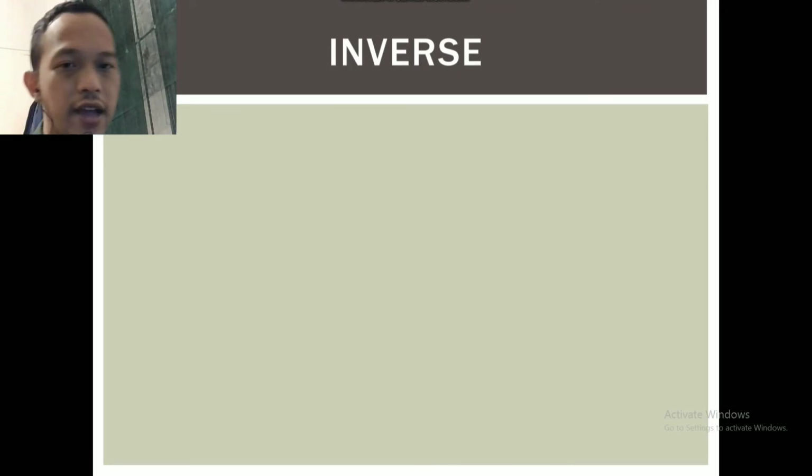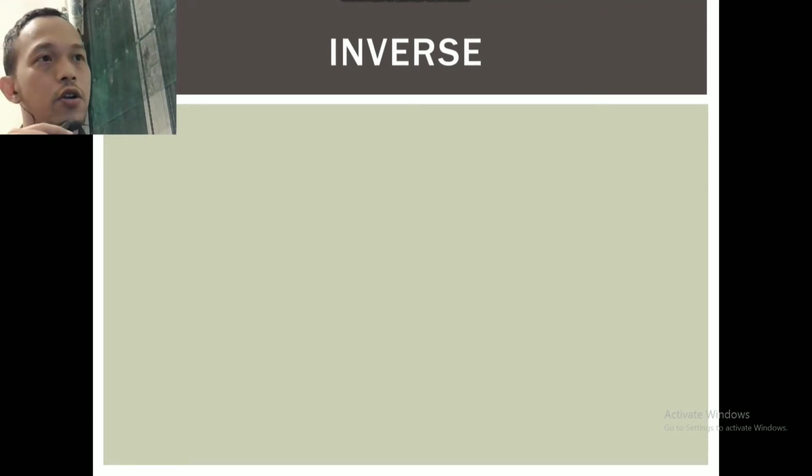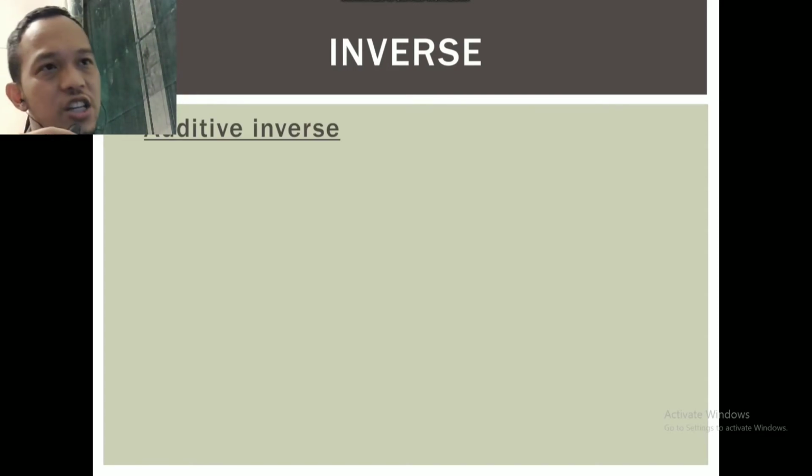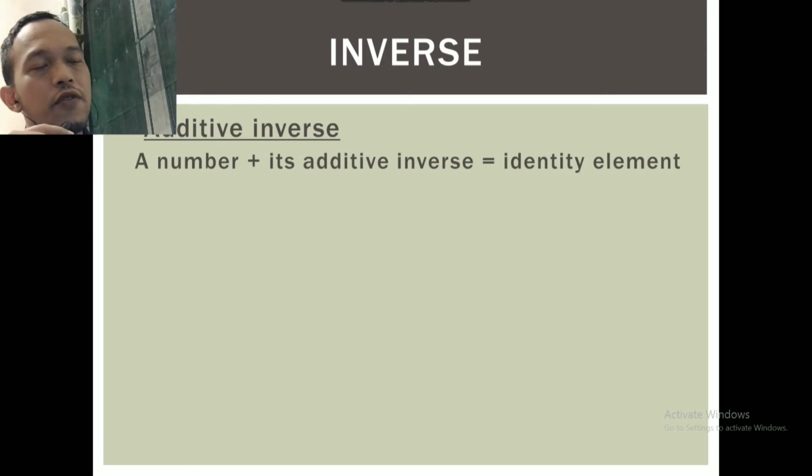The eighth field axiom is inverse. The first one is the additive inverse. The definition is: if you add a number to its additive inverse, it will equal the identity element. The identity element of addition is zero.